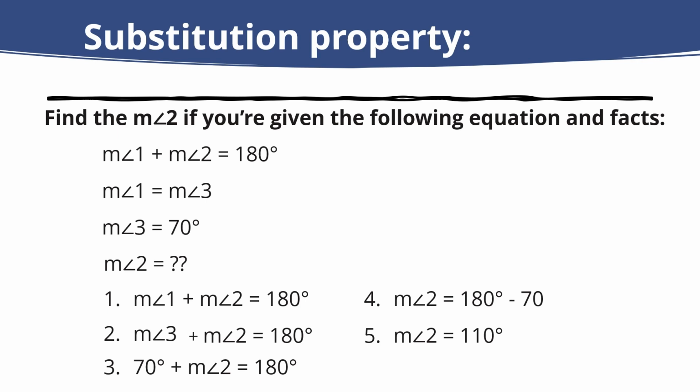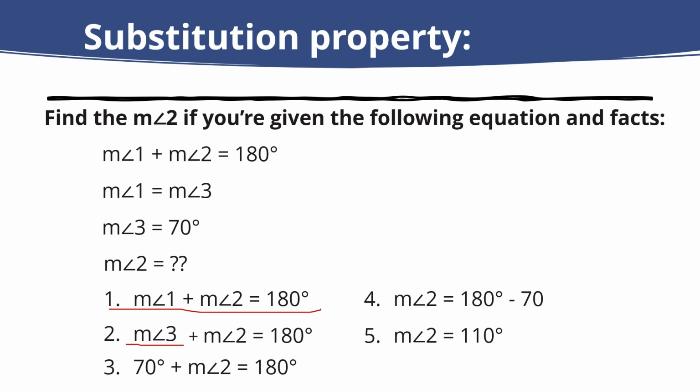When it comes to the substitution property, we're going to take our original equation, the measure of angle 1 plus the measure of angle 2 equals 180. And we are going to use substitution. We're going to take the measure of angle 3 and substitute that in where the measurement of angle 1 was.